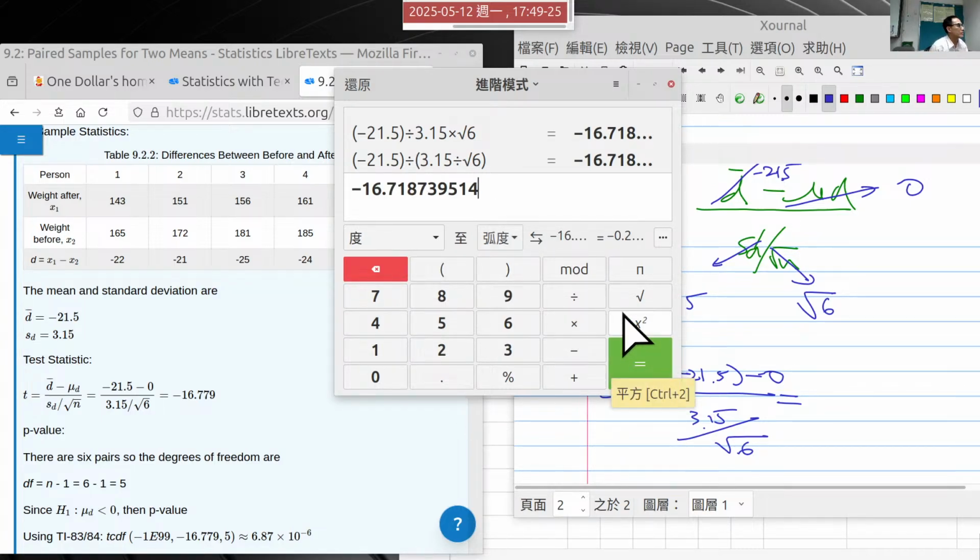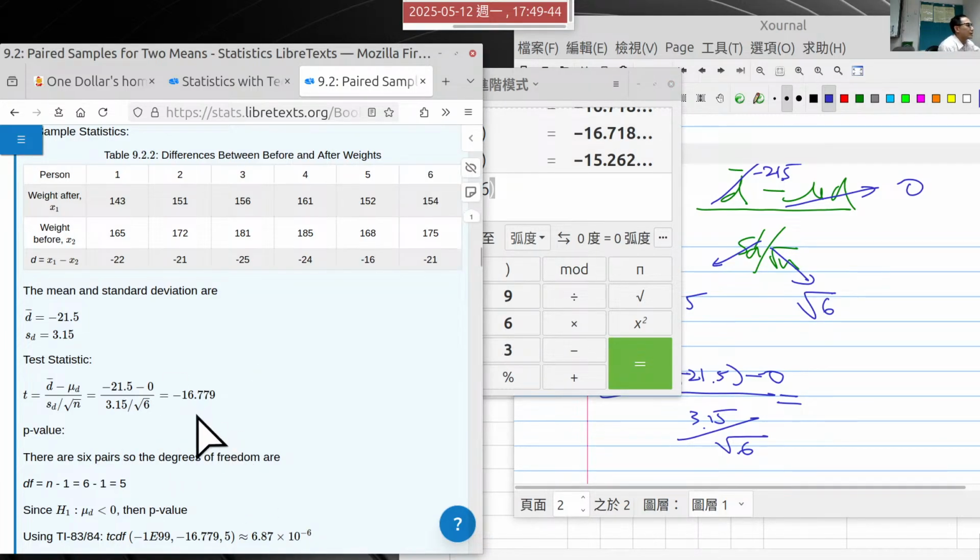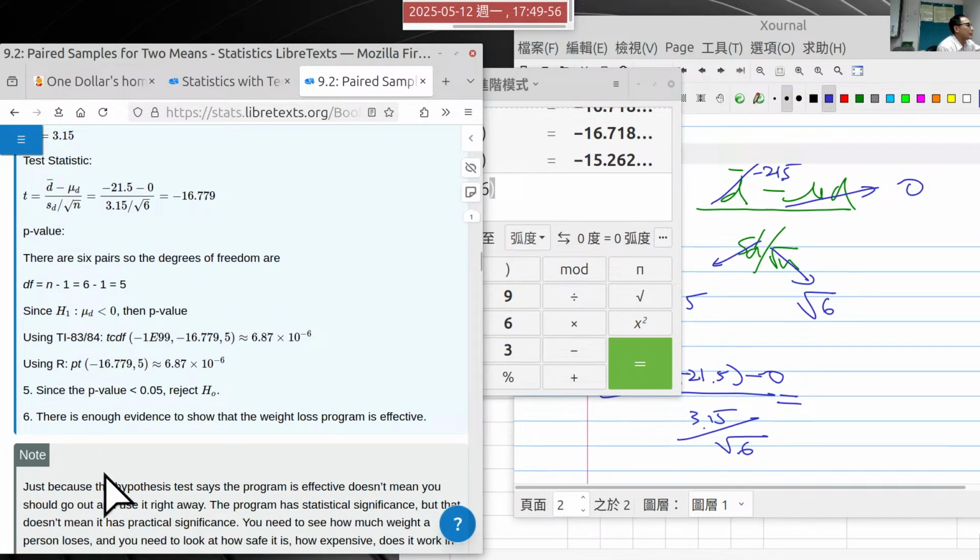Not the same one. No, not this one. Okay, I'm confused why I follow the direction but I didn't get the right answer. My calculation is minus 16.718, close to 7.2. But here the answer is 16.779.